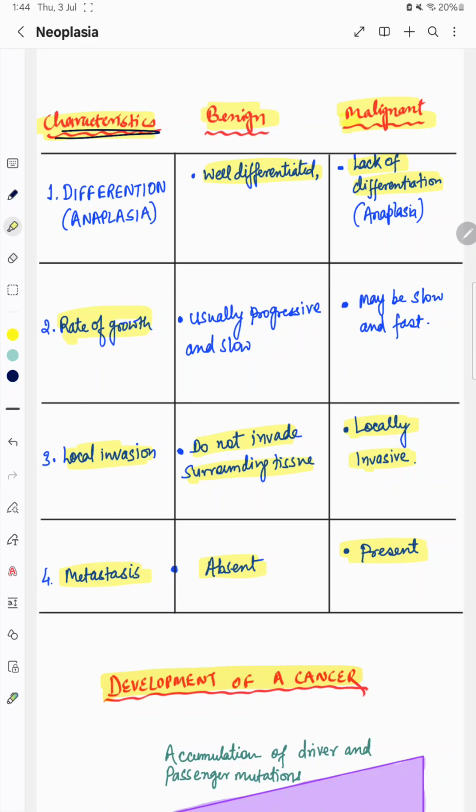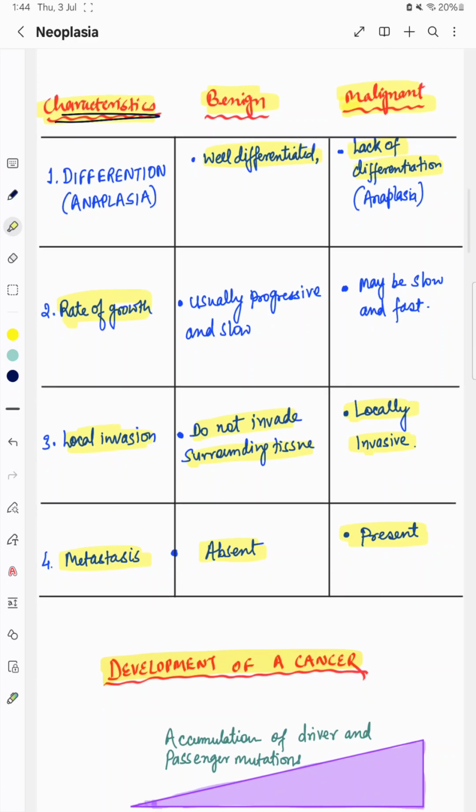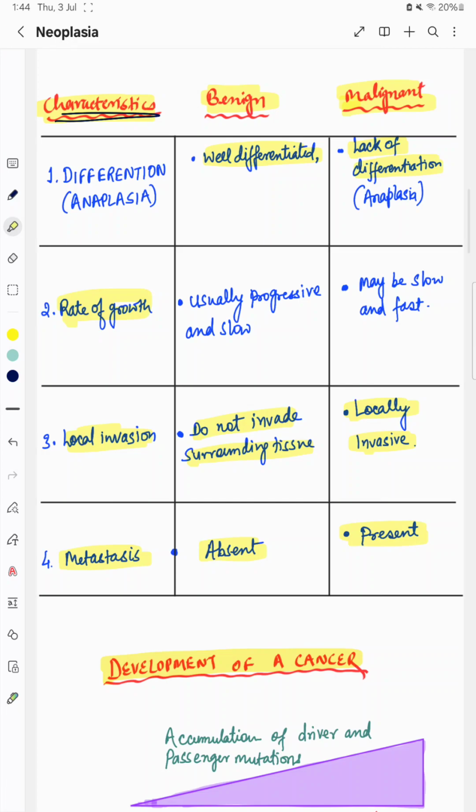So metastasis and anaplasia are the very characteristic signs of a malignant tumor. Some benign tumors can destroy the local tissue due to their excessive size, and there are some examples where benign tumors exhibit metastasis-like features, like in endometriosis.